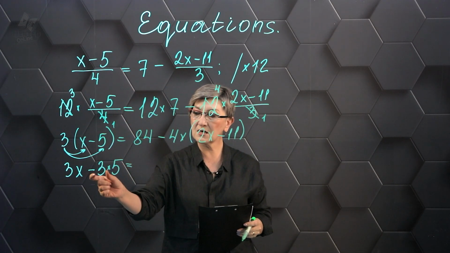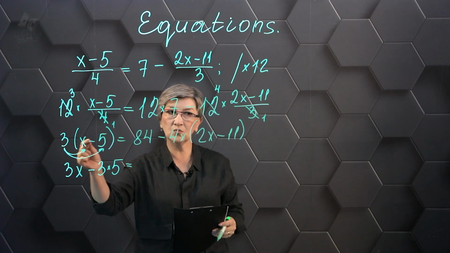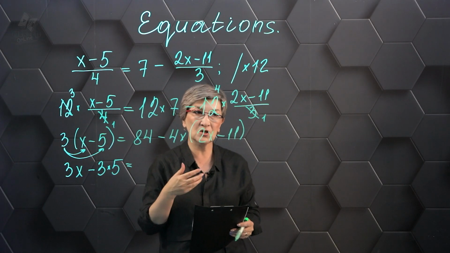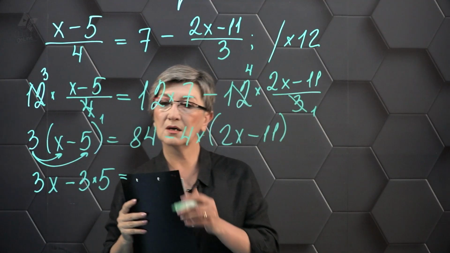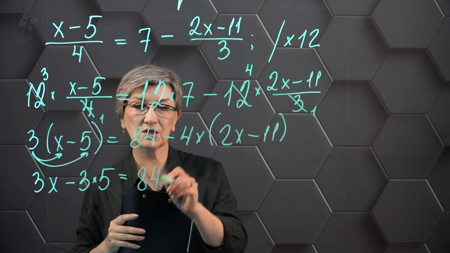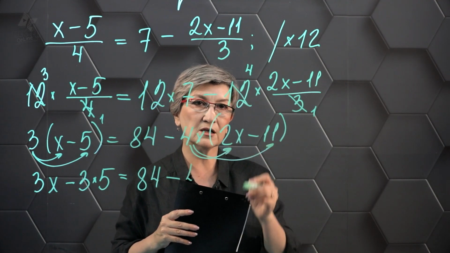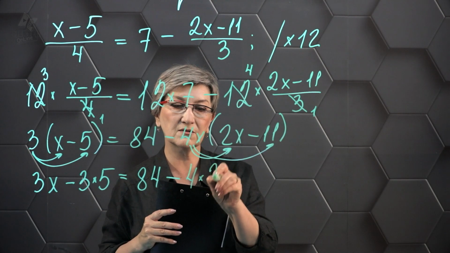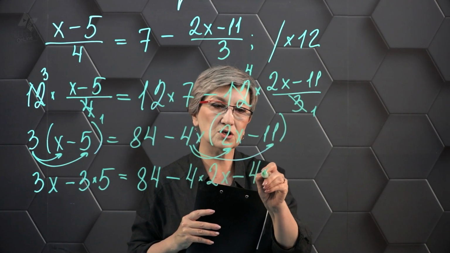Notice that I counted the sign right away. I should have written plus 3 times minus 5. But I realized that 3 times minus 5 is a negative number, so I wrote down the minus sign right away. Equals 84 minus. In this case, I apply the same rule and get minus 4 times 2x, and minus 4 times minus 11.